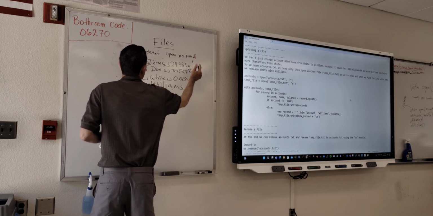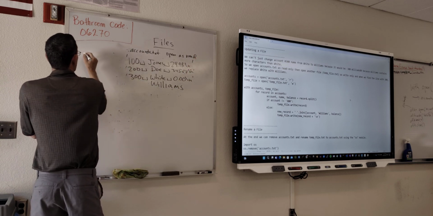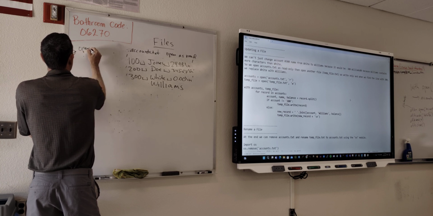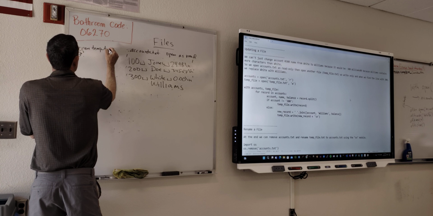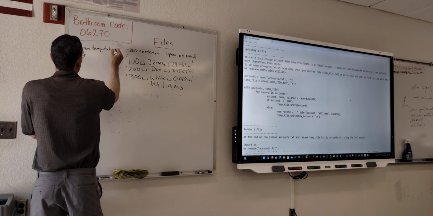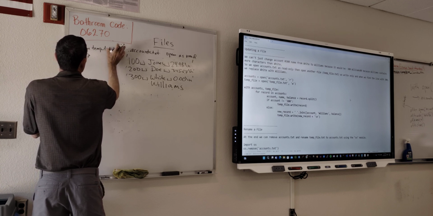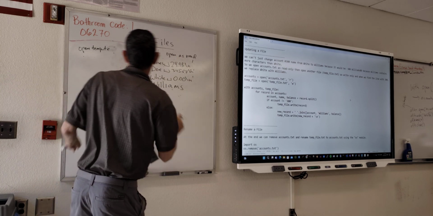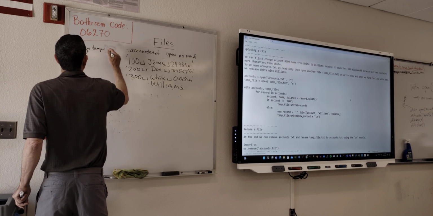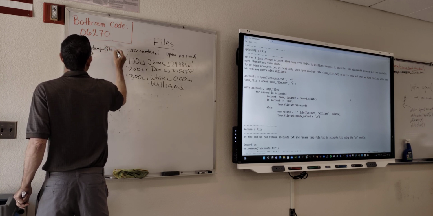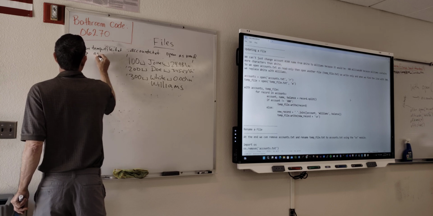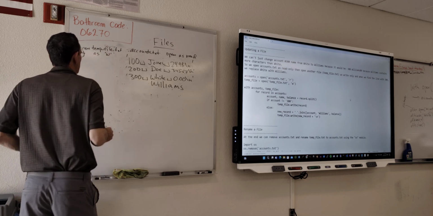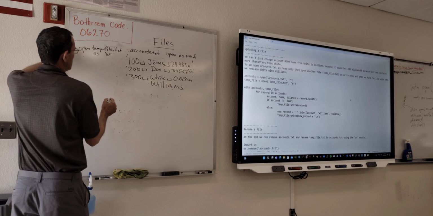And then we open another one called temp file. So we open a temp file, an empty one, as write, as a W, okay? So we've got 2 files open.